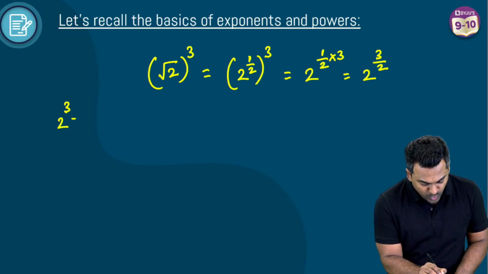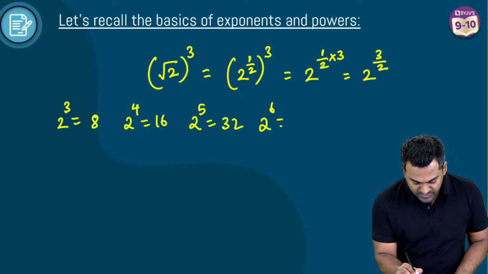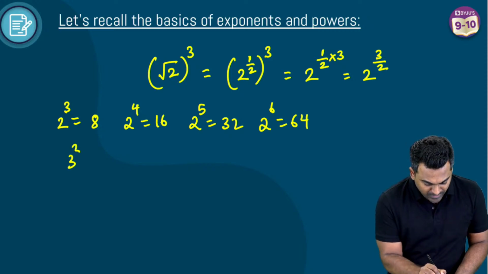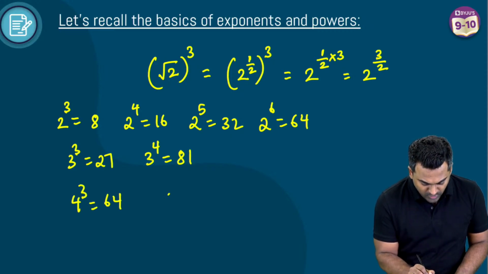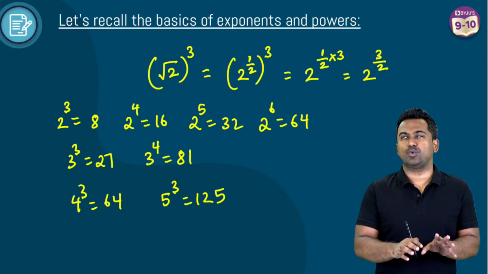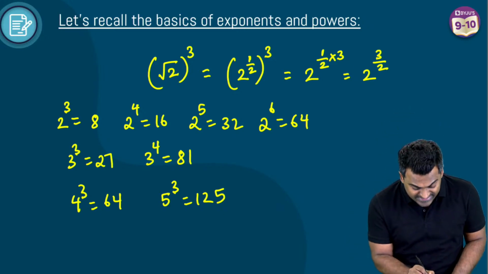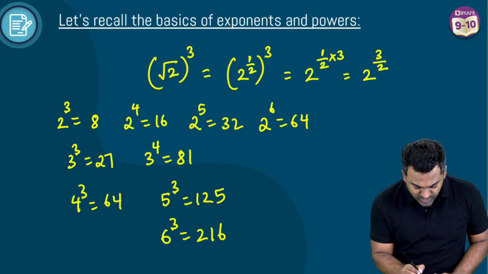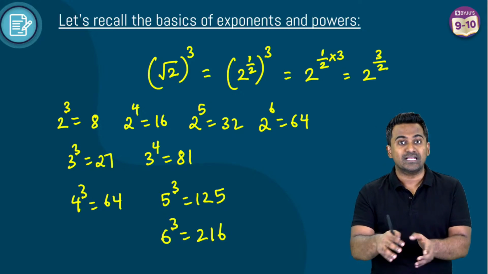Like, I want you to remember 2 to the power 3 is 8, 2 power 4 is 16, 2 power 5 is 32, and 2 power 6 is 64. 3 power 3 is 27, 3 power 4 is 81, 4 power 3 is 64, 5 power 3 is 125, things like this. The moment you see 125, it should click that, hey, look, this is going to be 5 cube. The moment you see 216, it should click that, yeah, I know this is 6 raised to the power 3, something like that.